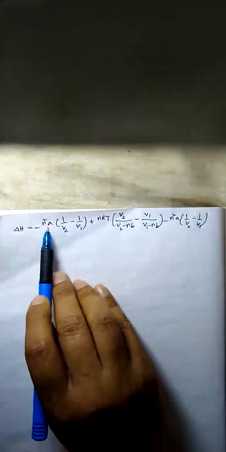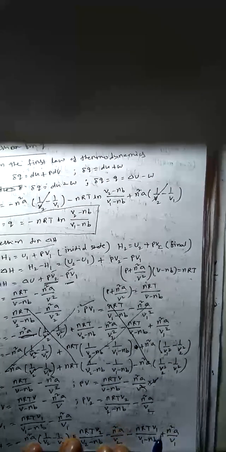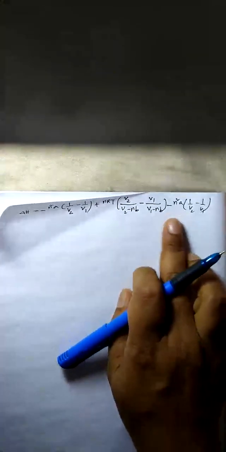Now you see here, this one is same. Here you take minus n square a common. When we take n square a common, we get 1 by v2 minus 1 by v1, minus minus will be plus. Now you see, both are the same, so this will be mixed.